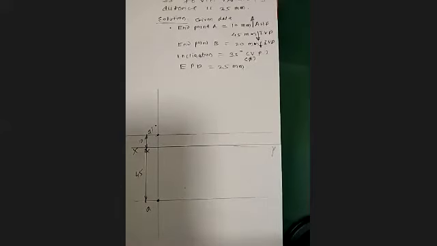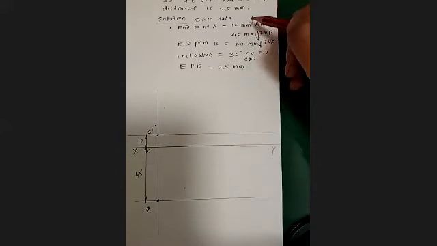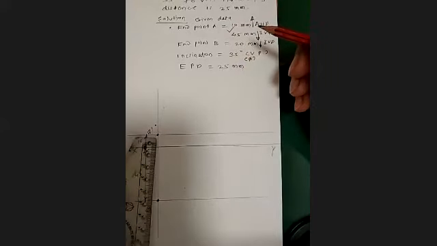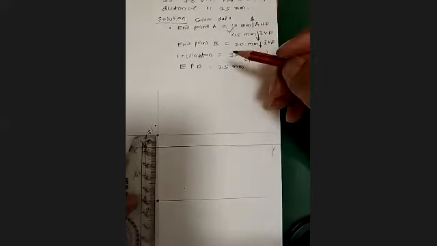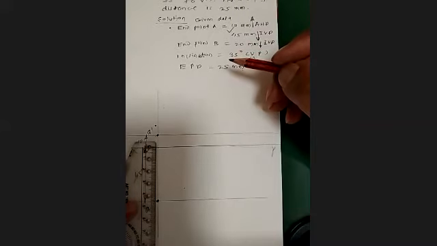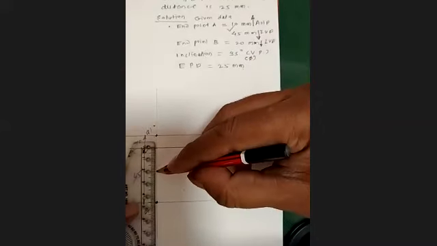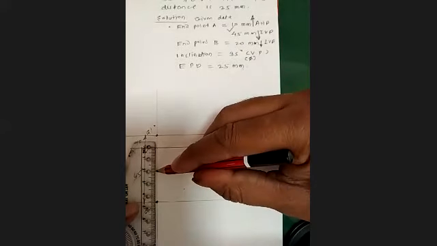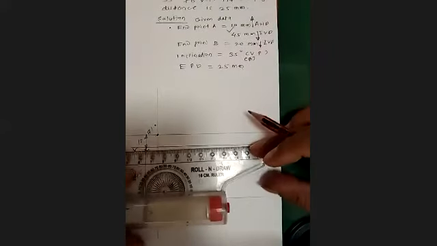Okay, now the next, so this is done. Now endpoint B, 20 millimeter in front of VP. What I will do here, I will be taking 20 millimeter. Then I will draw a line.